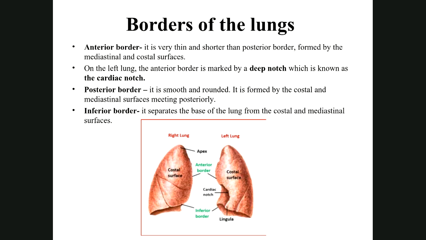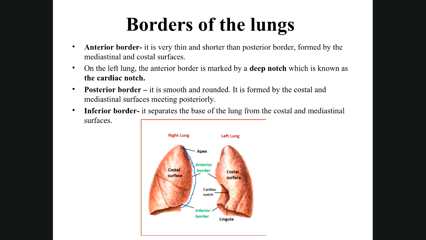Next, are both the lungs the same here? What difference are you seeing between these two? Just see the anterior border. In the right lung, this is the anterior border, and it is straight.